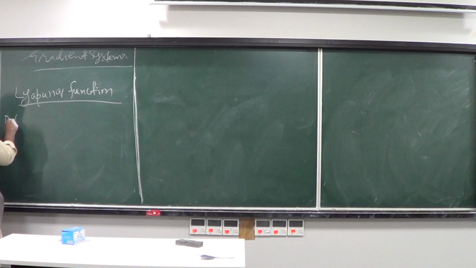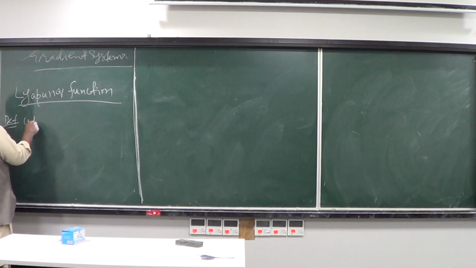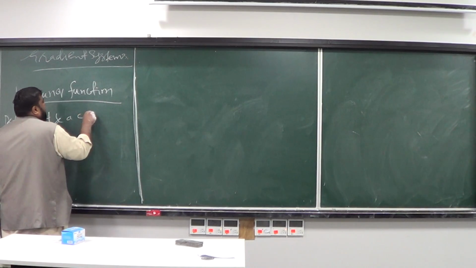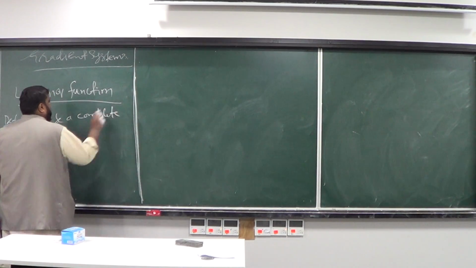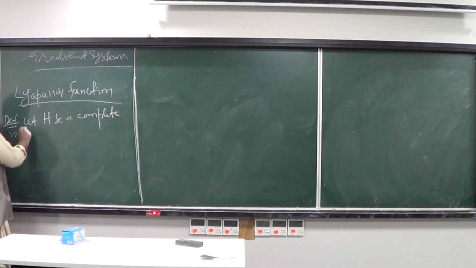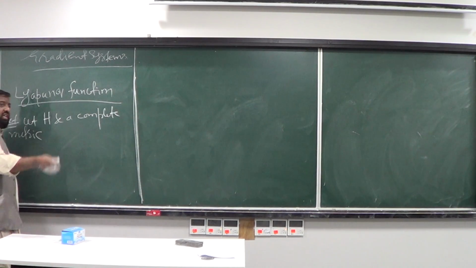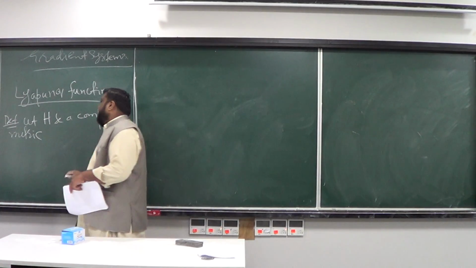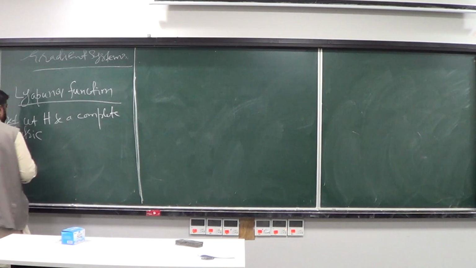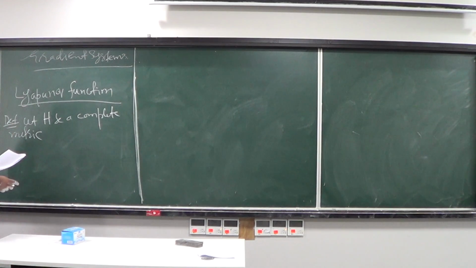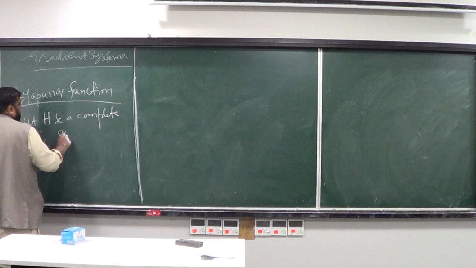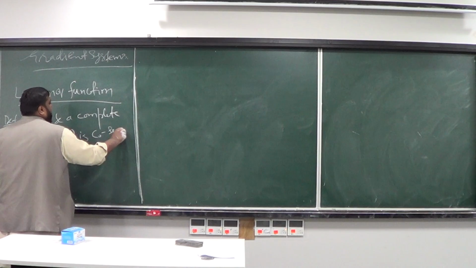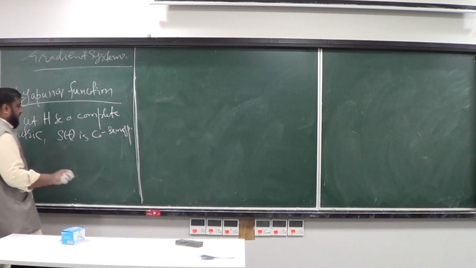So here's the definition. Let H be a complete metric space. Hence your Banach spaces and Hilbert spaces are included in this definition. Let H be a complete metric space, and S(t) a C0 semigroup as previously.